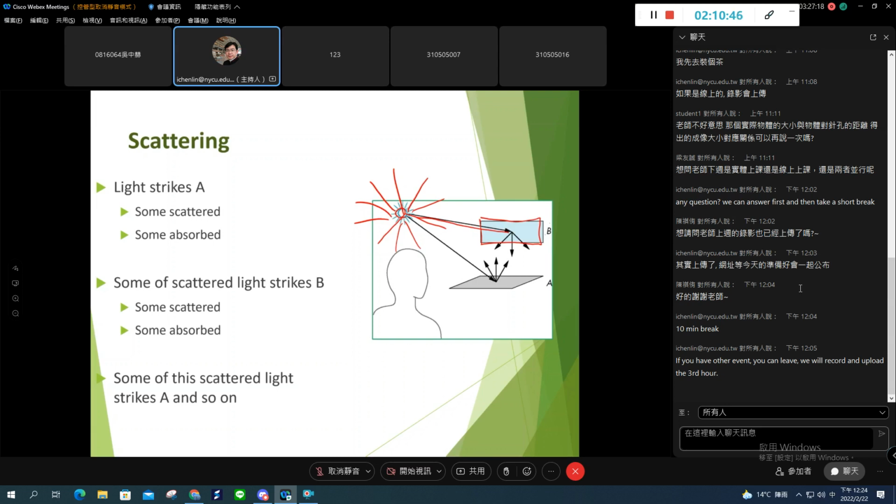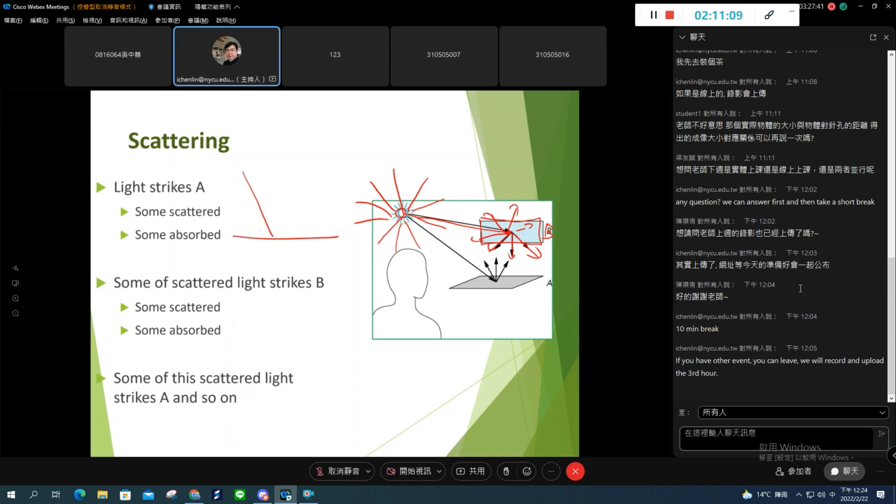So we can say there is a point here, and it will be scattered to multiple directions. Actually, because we are in the analog world, there are an infinite number of rays. But in computer science, we usually use a limited number of rays to simulate this kind of situation.